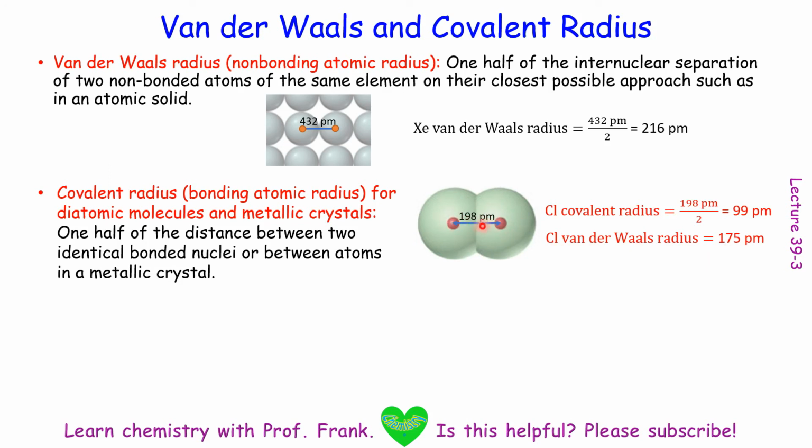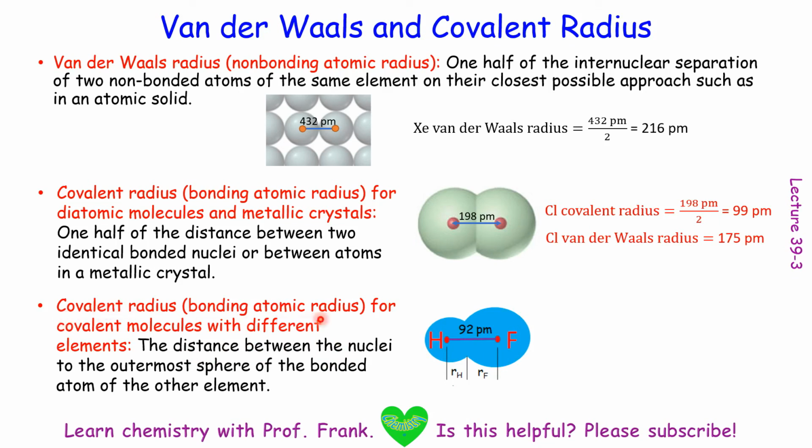In the chlorine molecule, those two atoms squeeze together, not isolated atoms like in non-bonding atomic solids. That's why the van der Waals radius is much longer than the covalent radius.